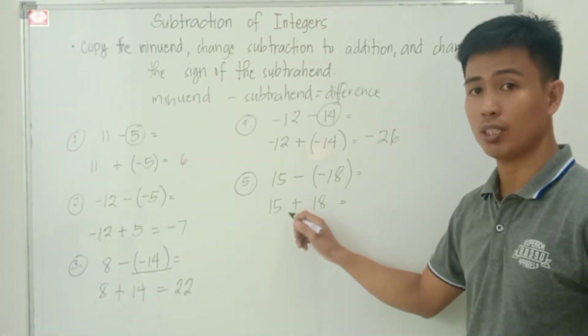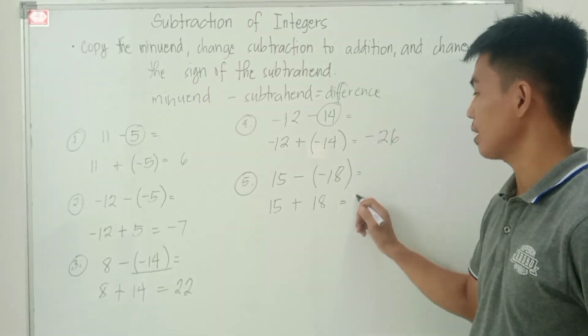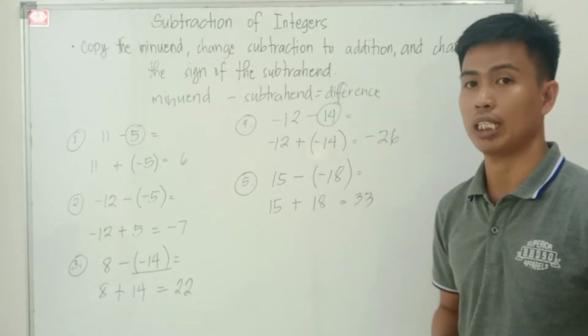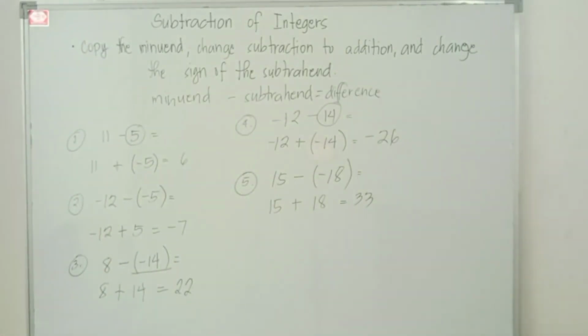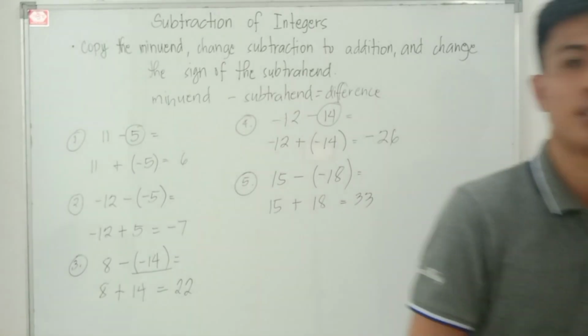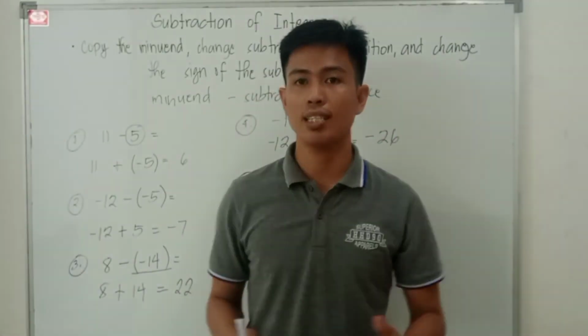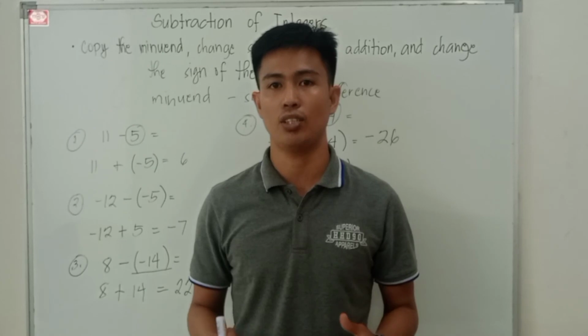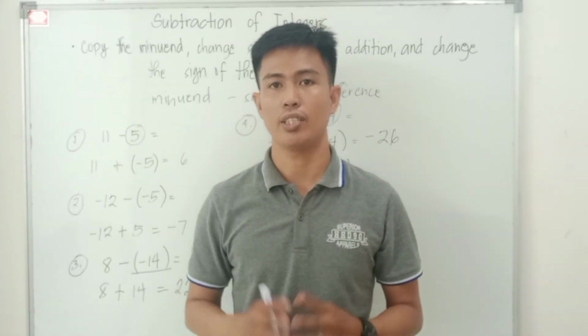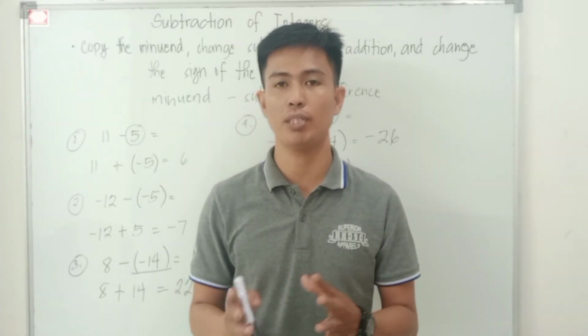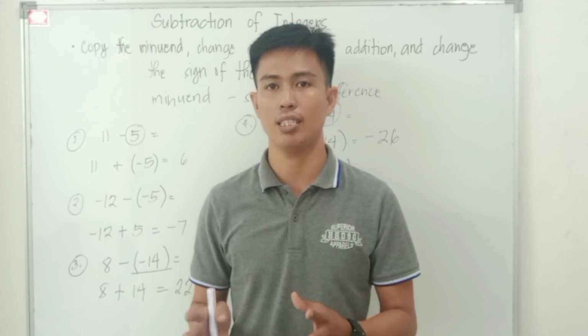Then proceed to addition, 15 plus 18 is positive 33. So that is how you subtract integers. So again, your knowledge in adding integers will be used in subtracting integers.